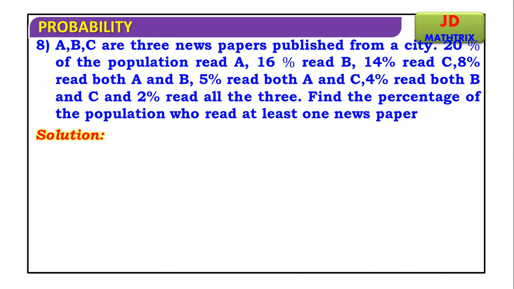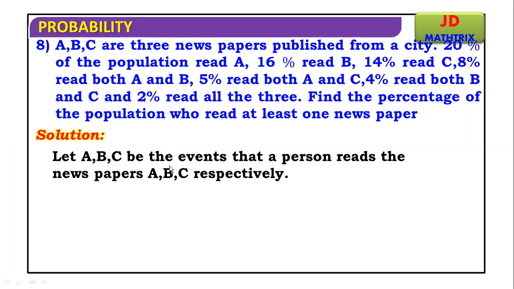So first of all, here we have 3 newspapers. That's why we have to define 3 events. Let A, B, C be the events that a person reads the newspapers A, B, C respectively.